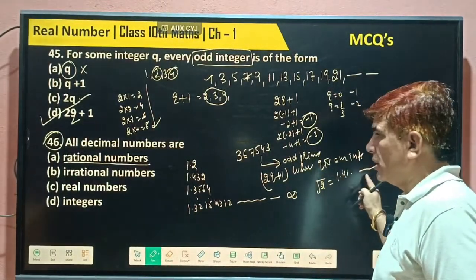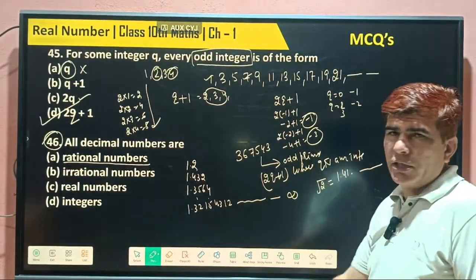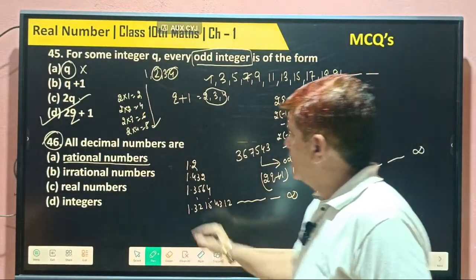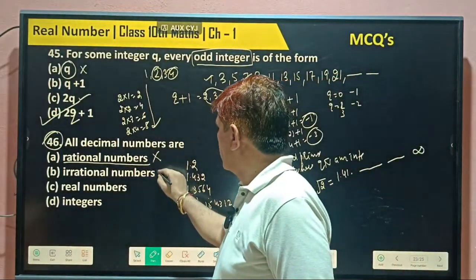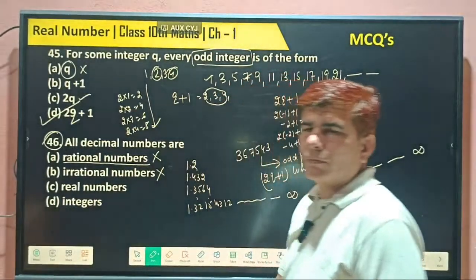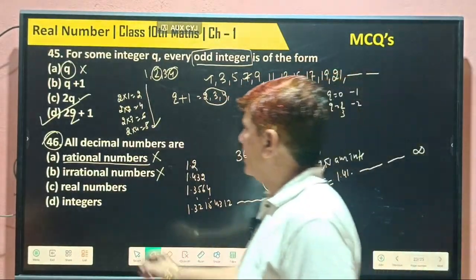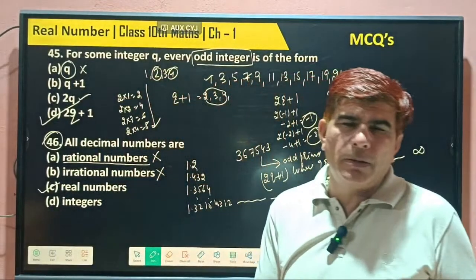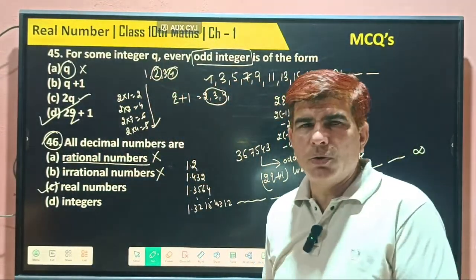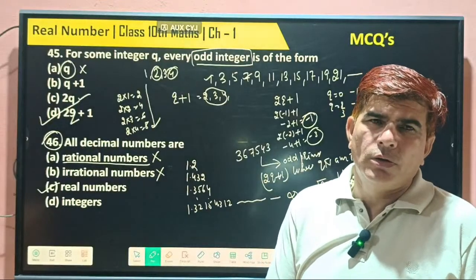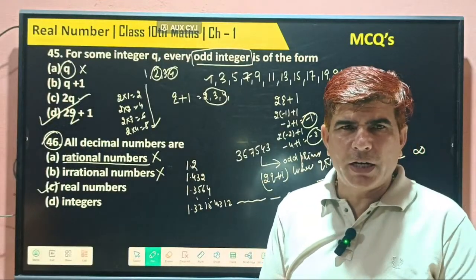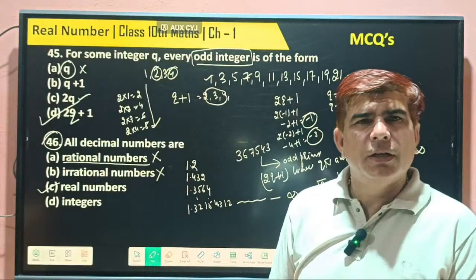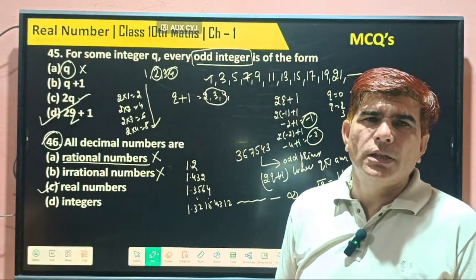So it's in decimal form, but it is not rational. So which one? Real number. So decimal numbers are rational also, irrational also. So the combination of rational and irrational is a real number.